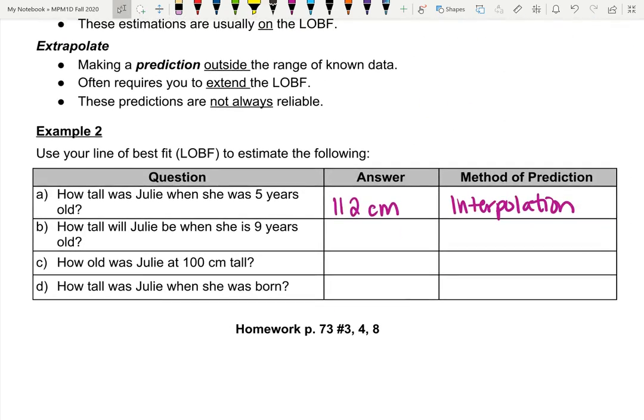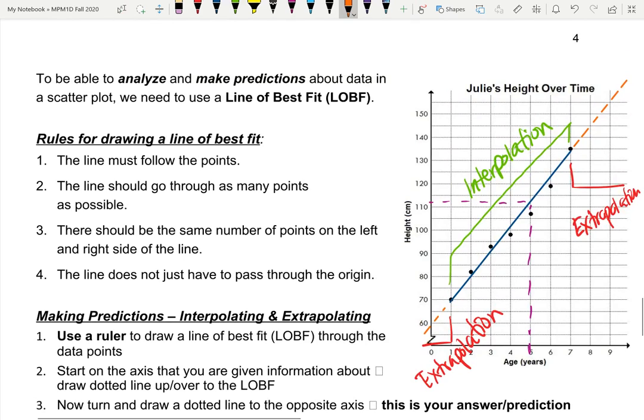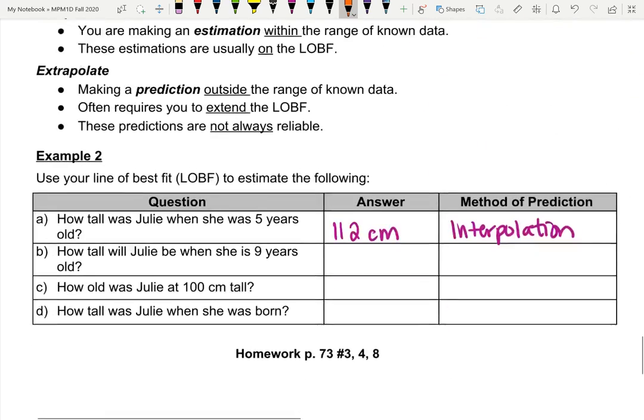How tall will Julie be when she's 9? Okay, so 9 is outside of our line of best fit. So I'm going to use extrapolation for this, but I'm using the same method. I'm following the grid line all the way to my line of best fit, which is extended using a dotted line, and then I'm going to read across to my y value, which would be 155 centimeters.